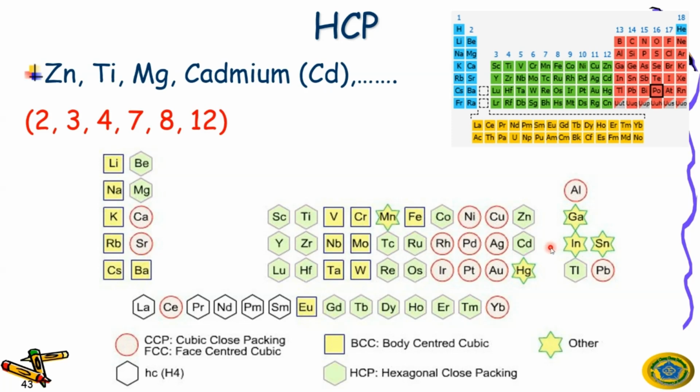You don't need to remember this very well. Once you need this information, you can just Google it and find this table on the internet. So it won't be any problem to find out which element belongs to which type of crystal structure.